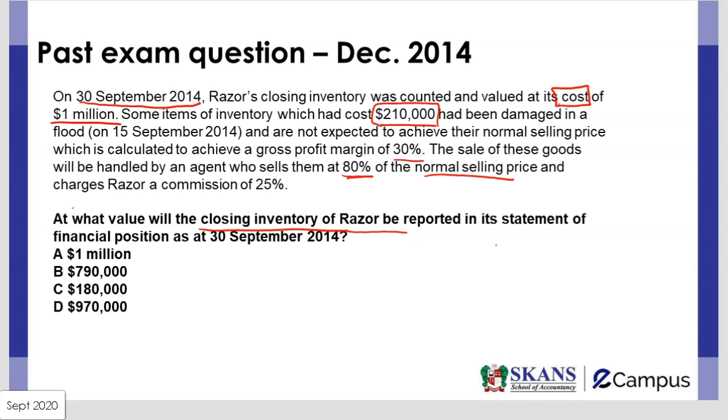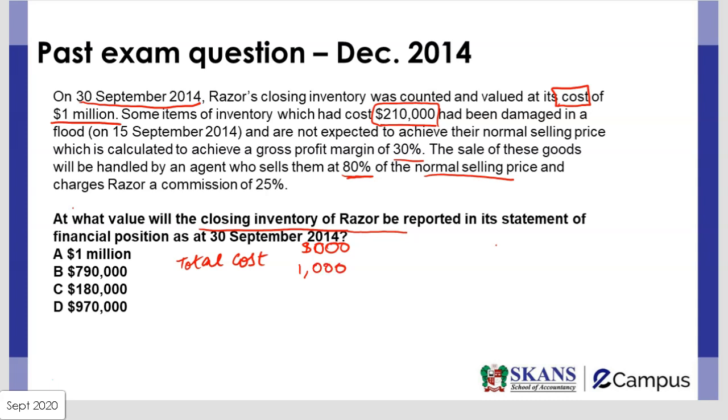So what we need to do over here is, we have the total cost of inventory, which is 1 million. If I do the working in dollar thousands, the total cost of inventory is 1,000.